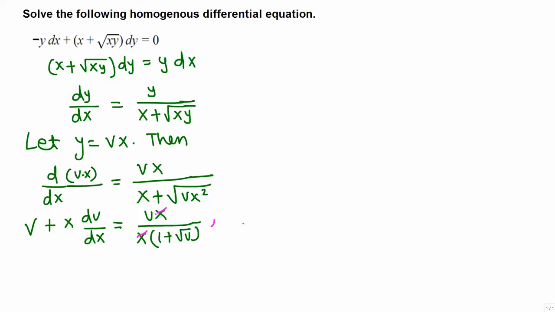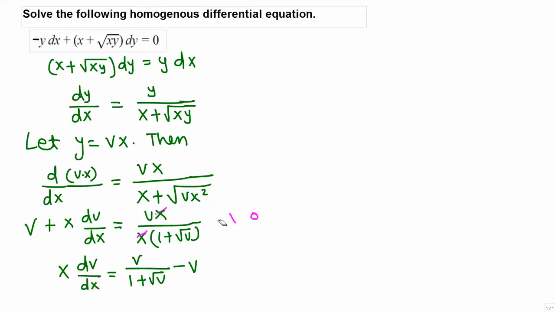By the way, when we do this, we have assumed x is positive. Now we need to move v to the other side because we have v over 1 plus root v in the right hand side. So x dv over dx is equal to v over 1 plus root v minus v.